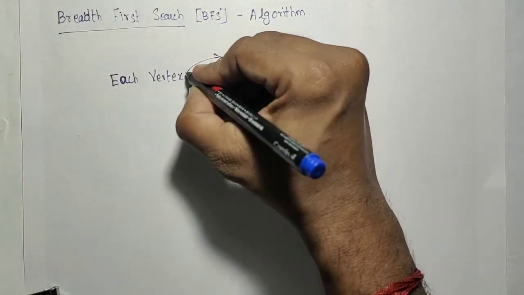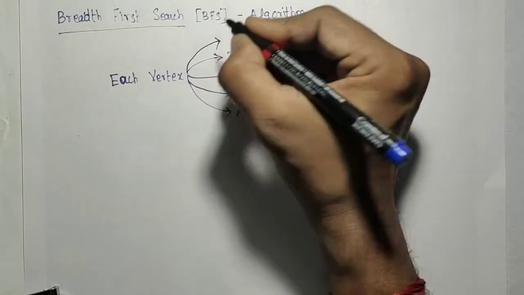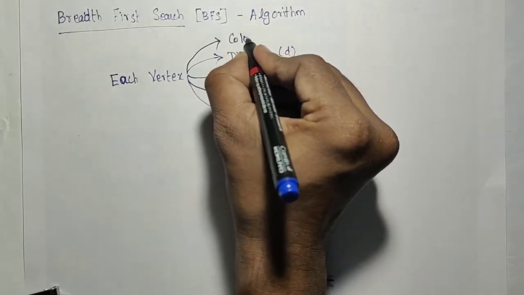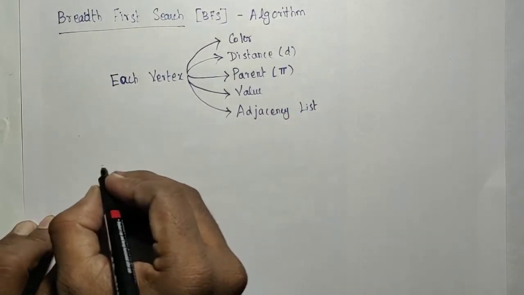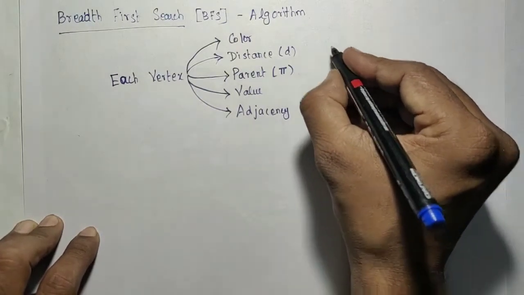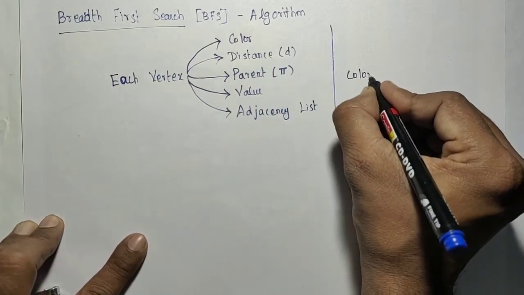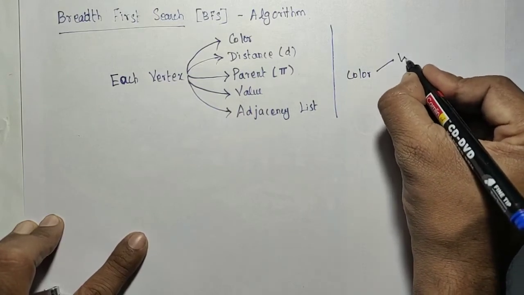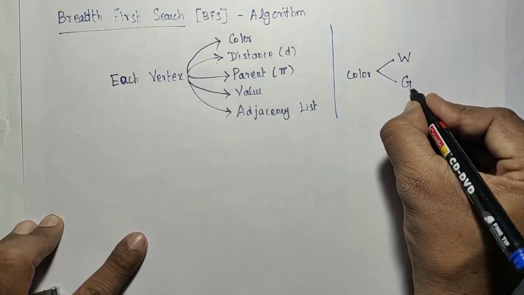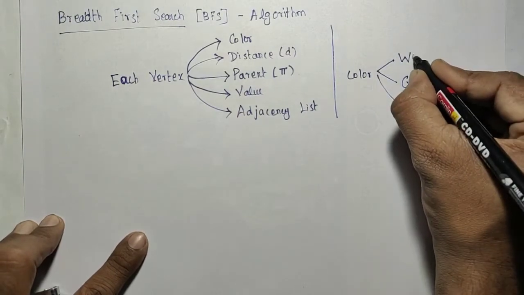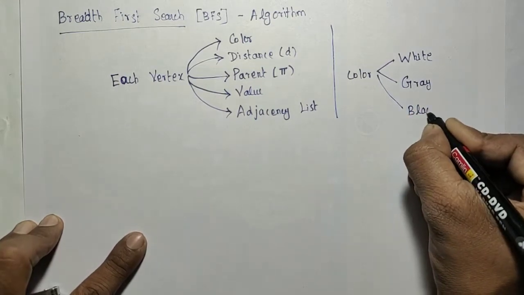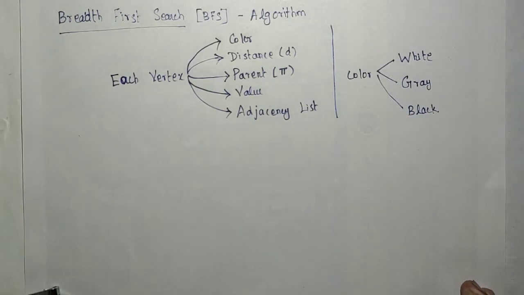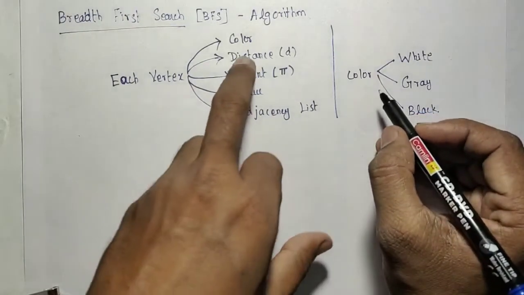In addition to that, for our algorithm, we need to use another property called color. What is the color property? The color may be white, gray, or black.